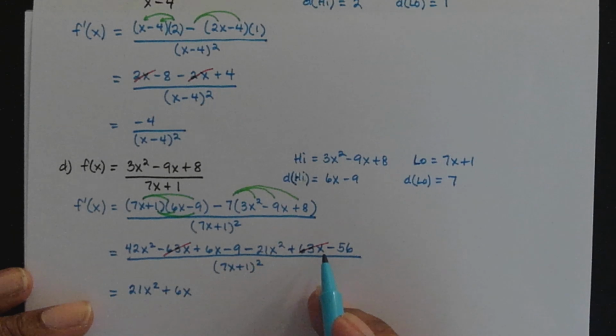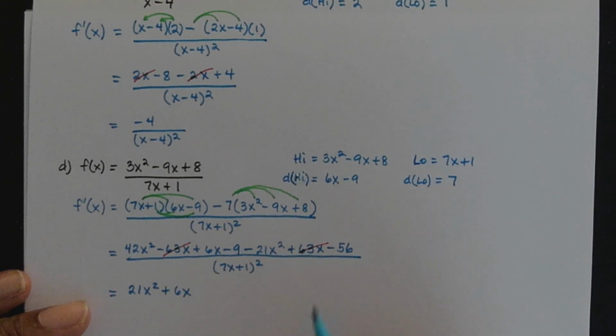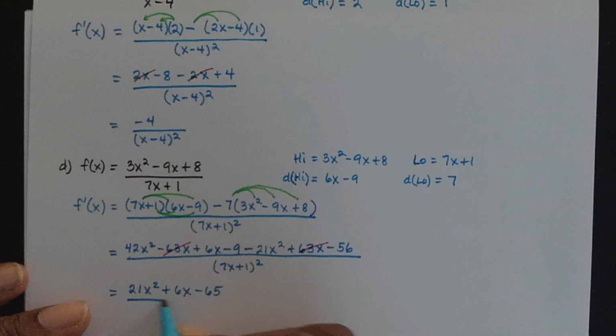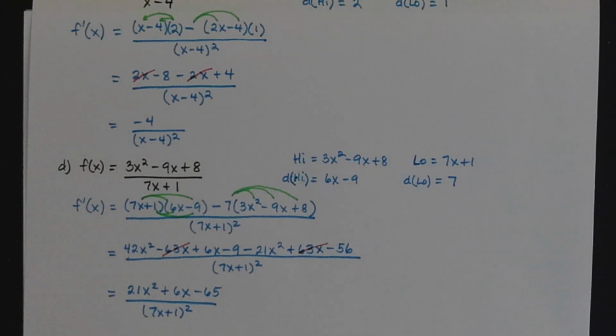And then minus 9 and a minus 56, that's minus 65. All that's divided by 7x plus 1 quantity squared. So the f prime of x ends up being 21x squared plus 6x minus 65, all divided by the quantity 7x plus 1 squared.